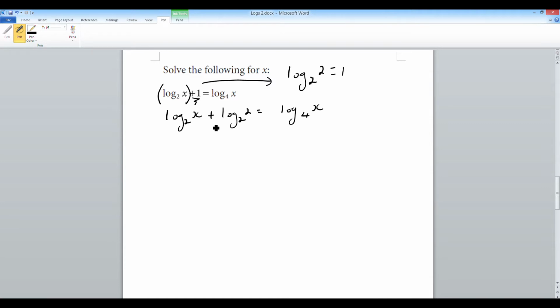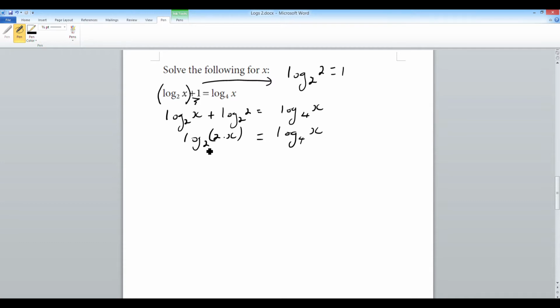But now from my product rule, I know that I have the sum of two logs, the base is the same, therefore I can multiply, so I can write log base 2 of 2 times x. So it's my product rule. If there is a sum between two logs, I can get the product of these two if my base is the same. And this is equal to log base 4 of x.